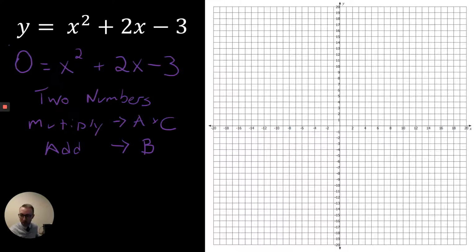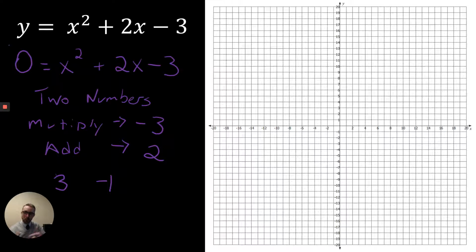So let me write this in for us. We want them to multiply to negative 3 and add to positive 2. So I'm thinking about various numbers, and two numbers that I come up with are positive 3 and negative 1.